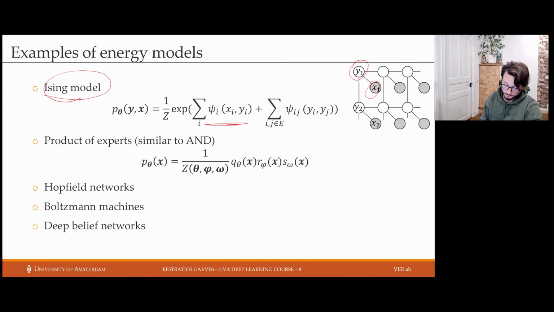The unary term here basically gives some sort of energy on how likely it is for x_i and y_i to have the same value or different values, and the binary term here is to determine how much energy we should have when changing our y values between neighboring pixels that are connected by an edge.